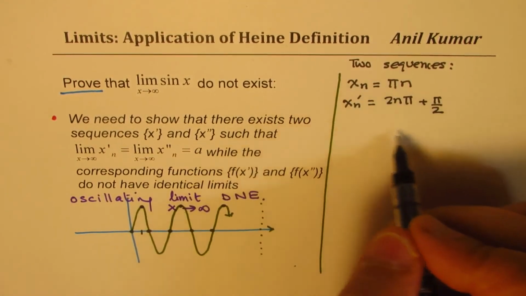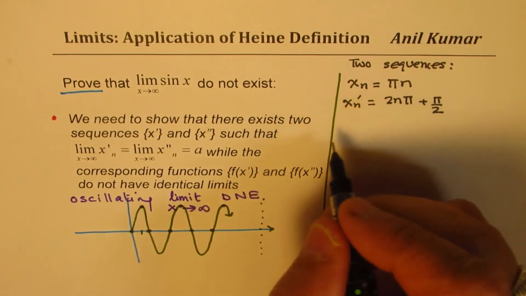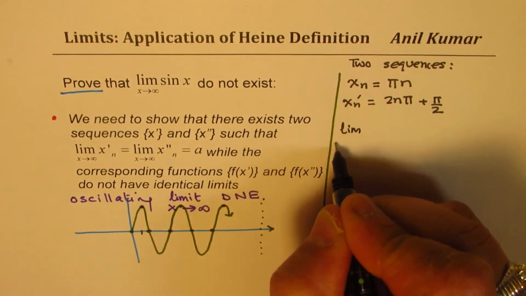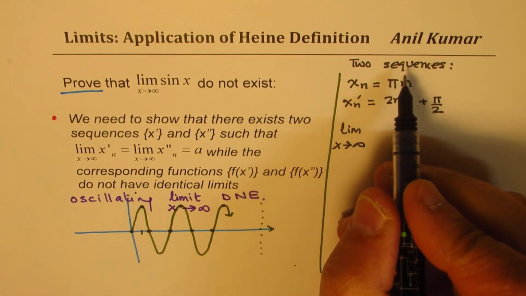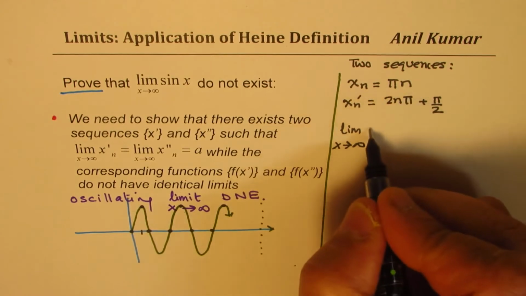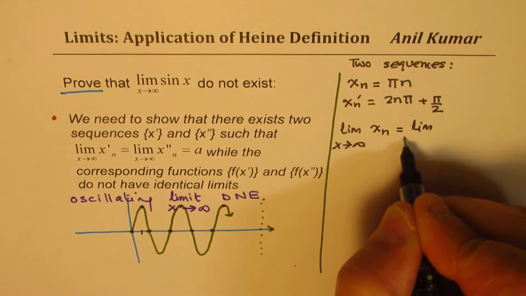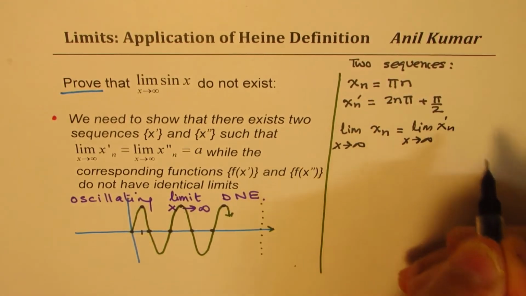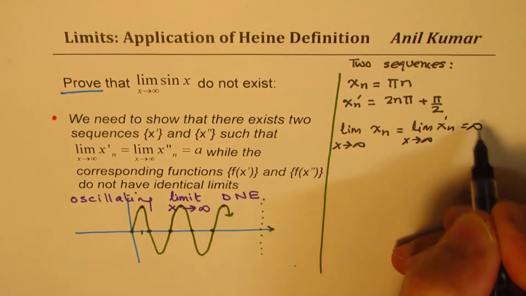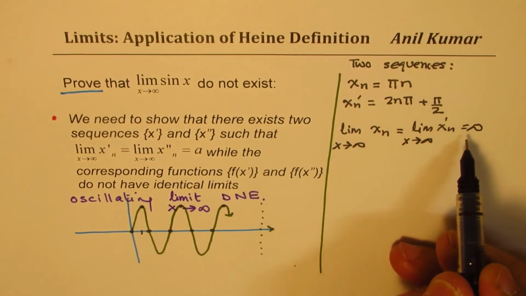Now if you analyze these two sequences, you know that the limit as x approaches infinity for the first sequence, which is n pi, let me write xn here, is also equal to the limit as x approaches infinity for the second sequence x dash n, and both are infinitely large. Correct? Both are infinitely large. So they are both same.